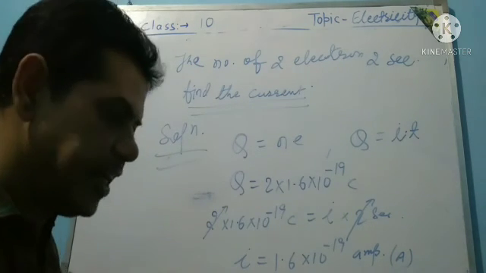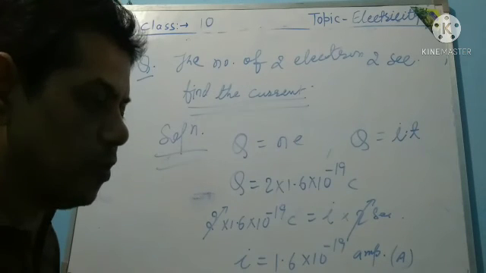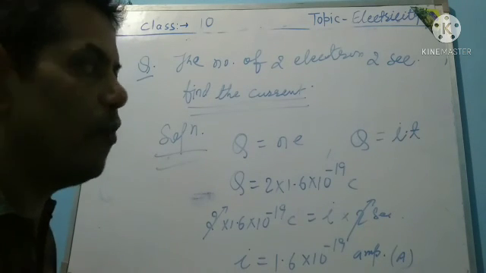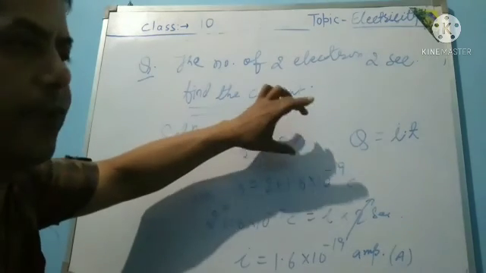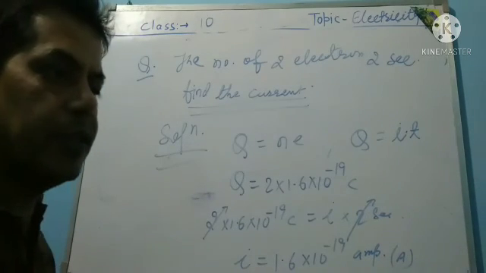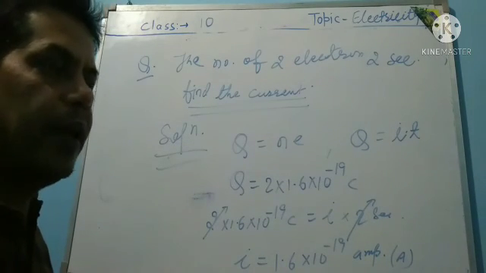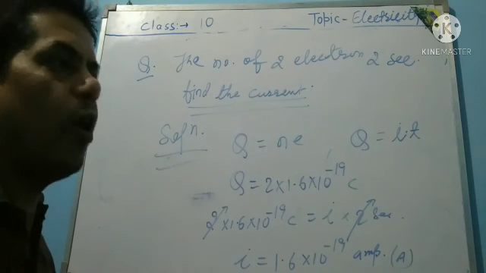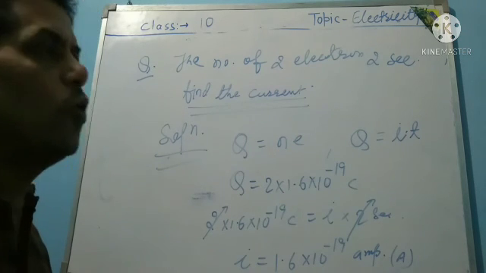This comes from the number of electrons. When electrons are not present in the outermost orbit, electric current does not pass or flow through that object.